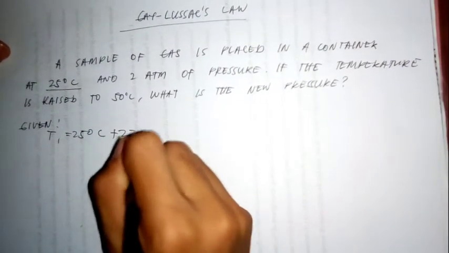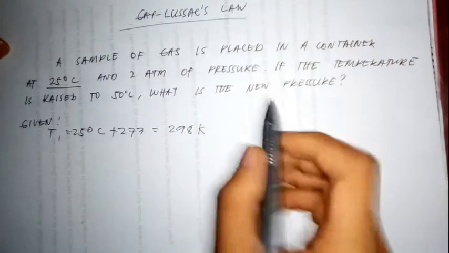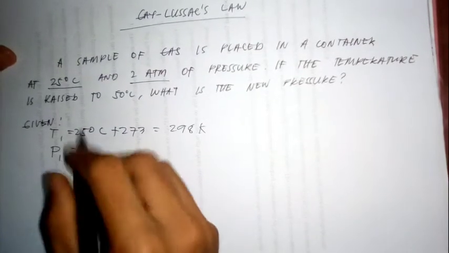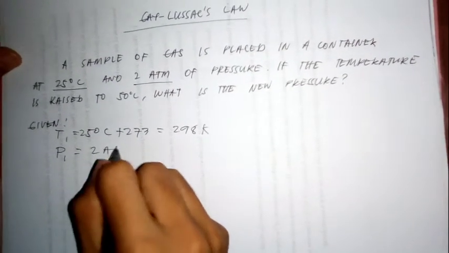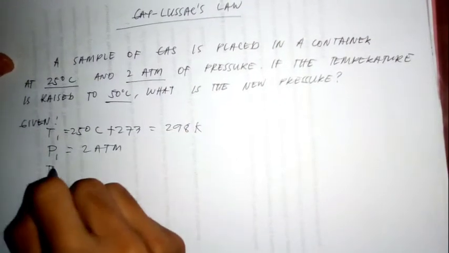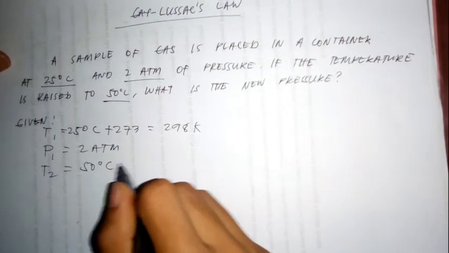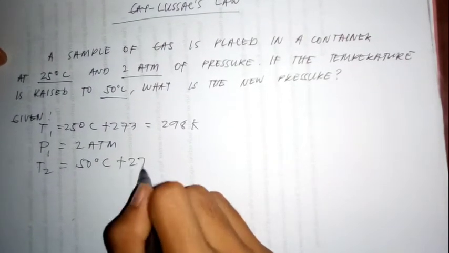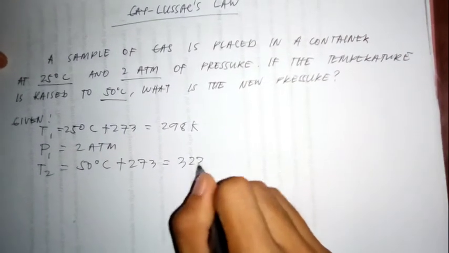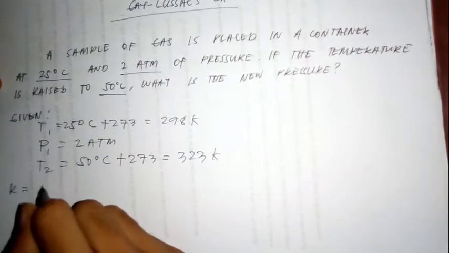So add 273, equals 298 Kelvin. Then the 2 atm is the initial pressure, and the 50 degrees Celsius is the final temperature, but we need to convert it to Kelvin, plus 273 is equal to 323 Kelvin. So the required is the final pressure.